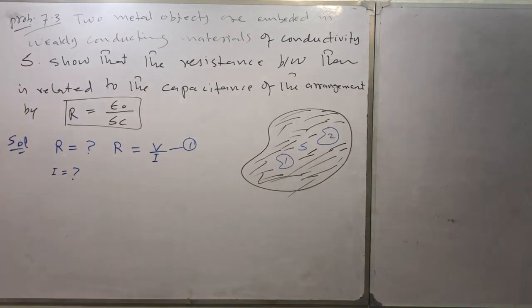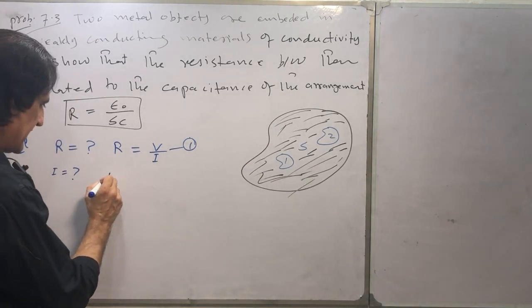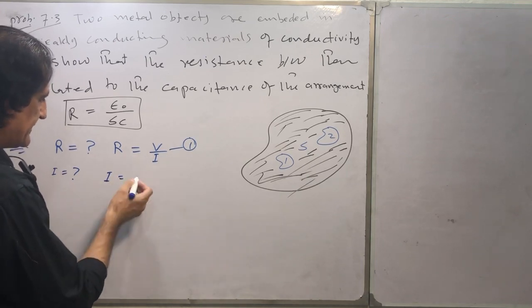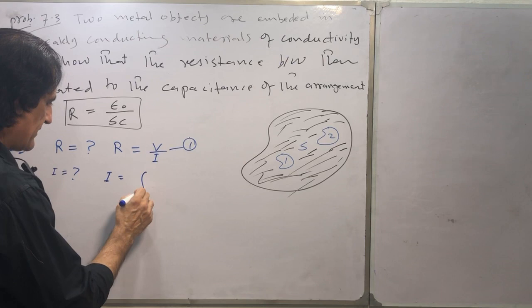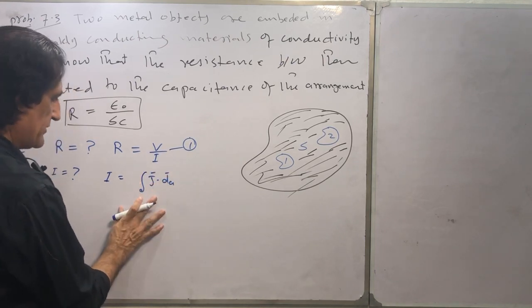How to calculate I? We have a relation between I and the current density, which is the integral of J dot dA. We know about this.